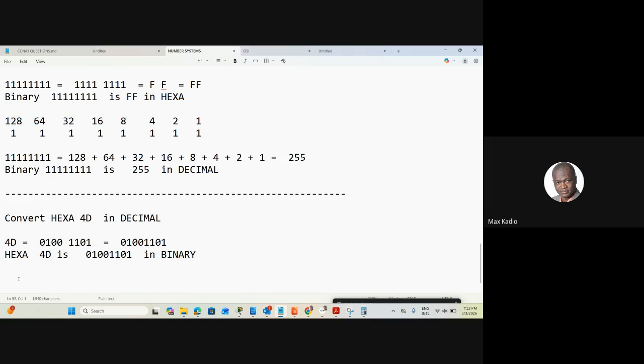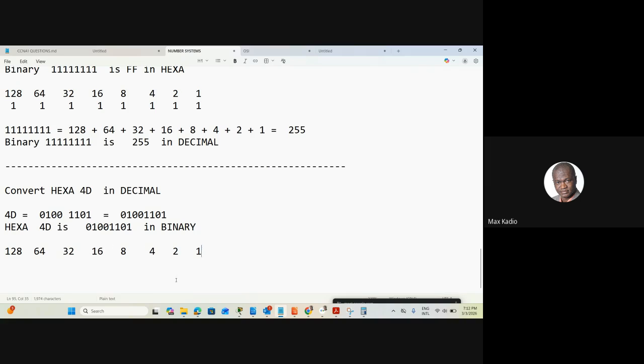So you put your table here, and you put this binary here, 0 1 0 0 1 1 0 1, exactly the same.